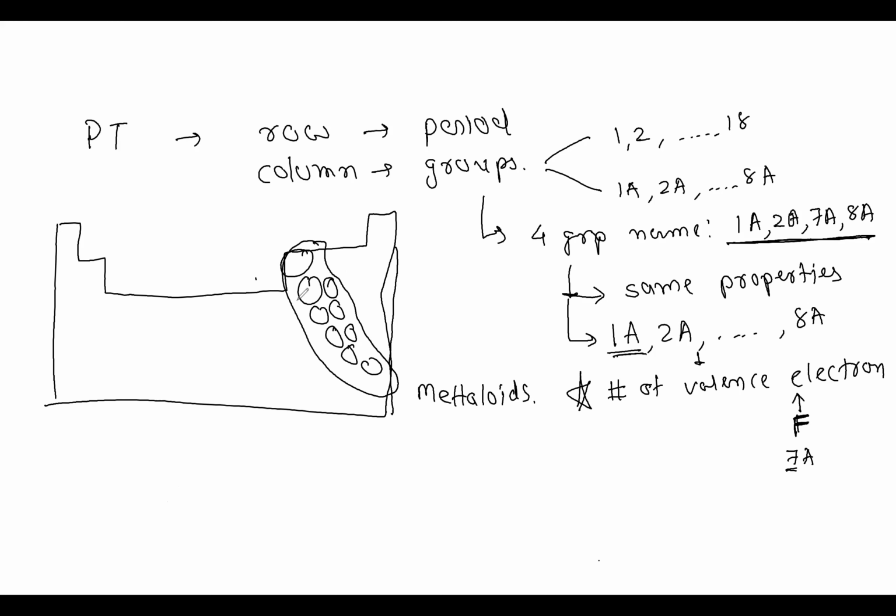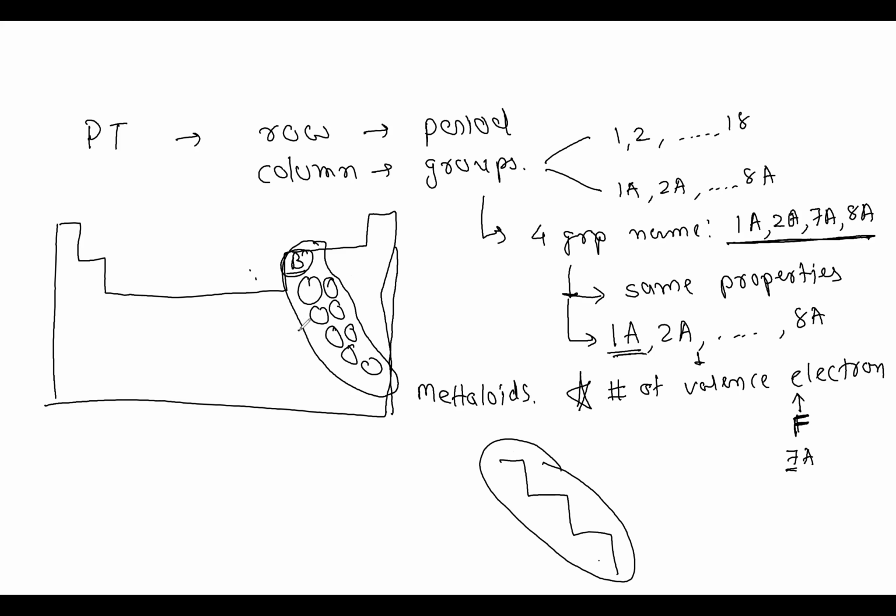Of course, it's not exactly right, but it is that section starting with a B in here. If you look at that, it's in a zigzag fashion, like a kind of stair. That segment of the periodic table is called metalloids.